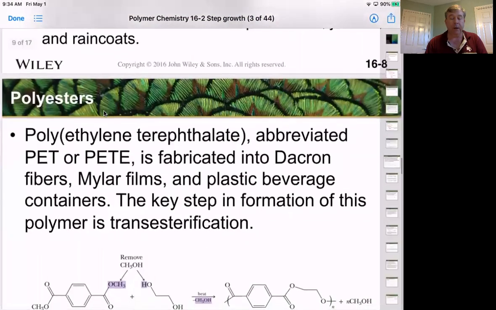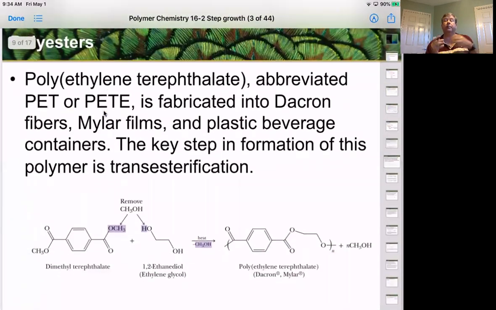Okay, moving from polyamides to polyesters. So in polyesters, we just have that ester functionality. So we take a carboxylic acid and react it with an alcohol to give us our ester. Now, industrially, most of the times what we do is we do a transesterification. Just like we did a transesterification in our esters chapter, we take a salt of, in this case, terephthalic acid, or the 1,4-benzene carboxylic acid, and we make it into the diethyl ester.